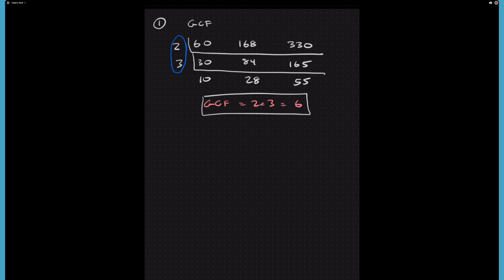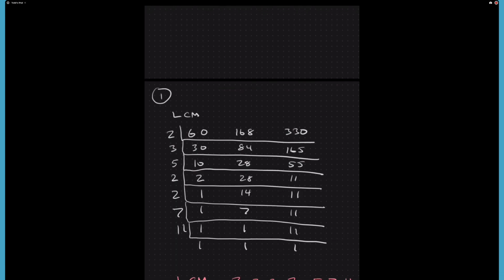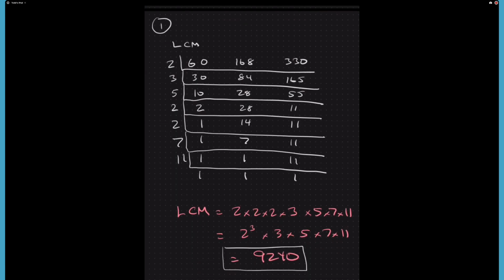Well, here are the answers. For part 1 of question 1, the greatest common factor of those 3 numbers is 6. In part 2 of question number 1, the lowest common multiple of those 3 numbers is 9,240.